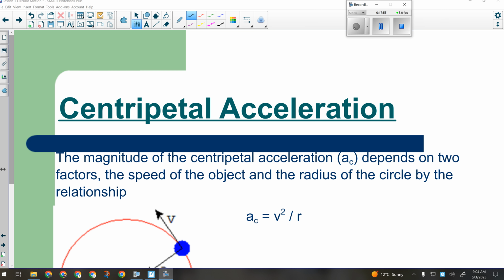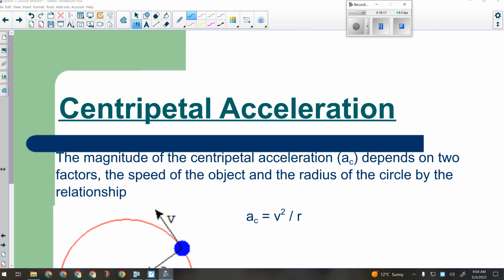All right, so here's what we need to know about centripetal acceleration. Where is it always directed? Towards the center. Centripetal means center seeking. Anything centripetal, towards the center. That's important because that's really about our only vector in this unit.